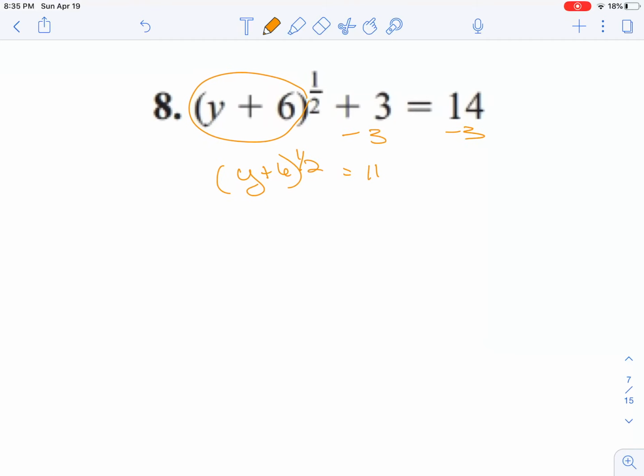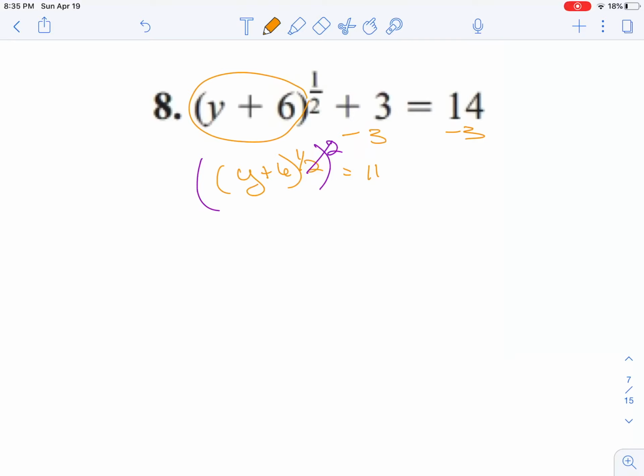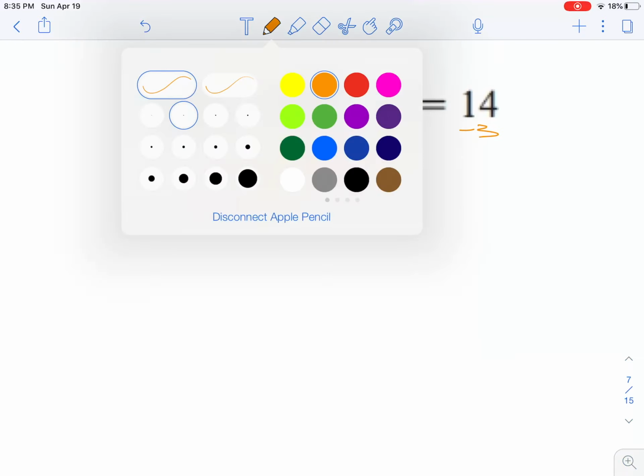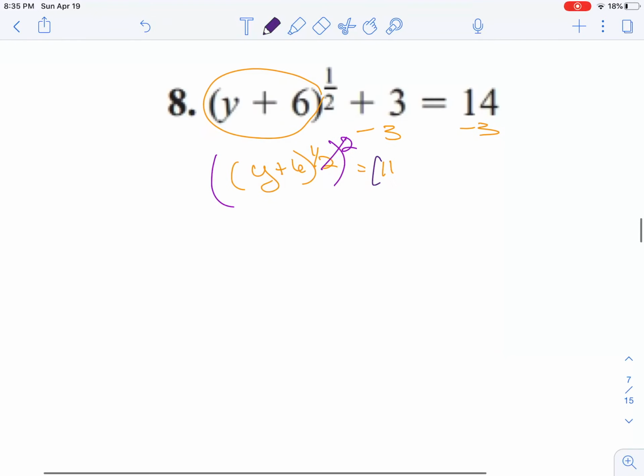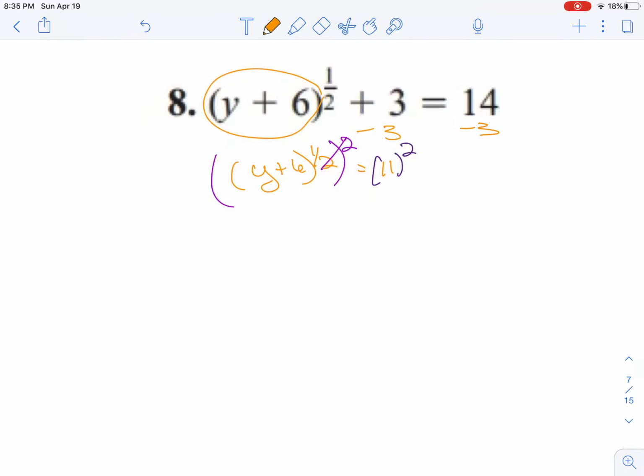If I square that, that'll get rid of my 2's, so I have to square that side as well. So y plus 6 equals 121. Subtract 6. Y equals 115.